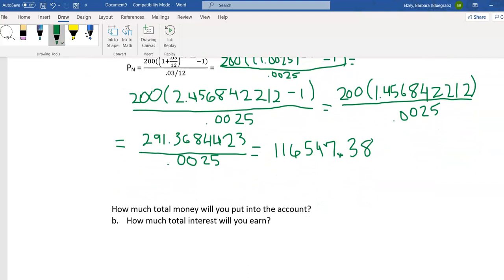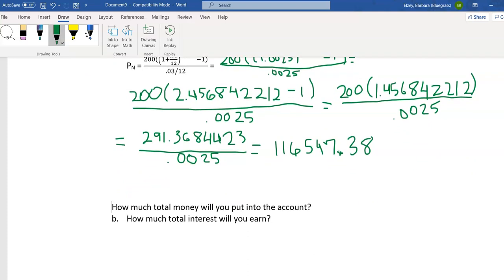All right, so let's look at B. How much total money will you put into the account? So we're looking now at how much we put in. There's interest in there, so let's just think of it this way. For 30 years, we've been putting $200 into this account every single month.